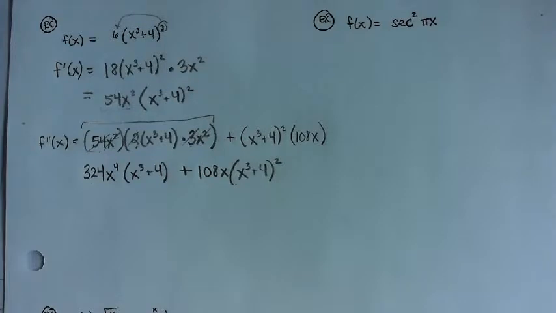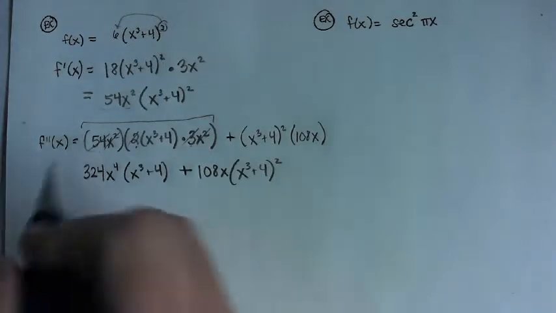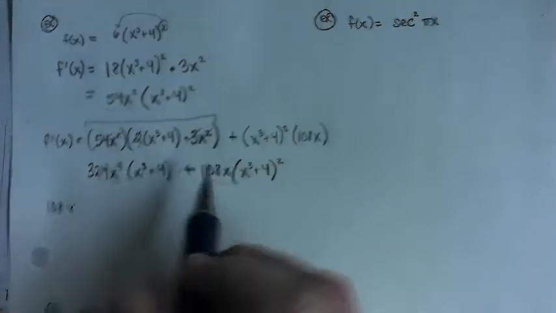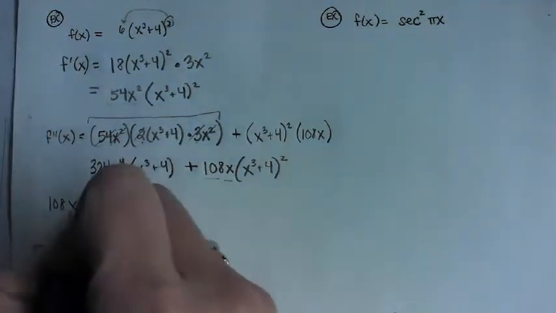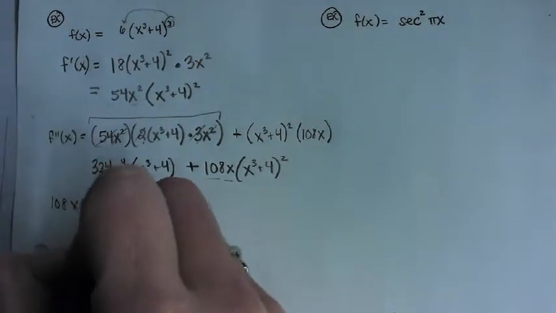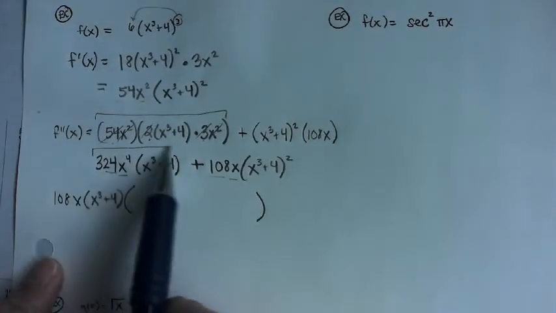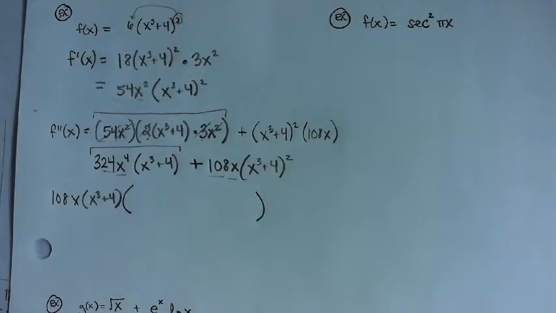Now, what I could envision them doing to get to the final answer is factoring out a GCF. So, what is the GCF of these two terms? 108x. They both have a 108. They both have an x. They both have an x cubed plus 4 as well. So then what's left of the first term is just 3x cubed.